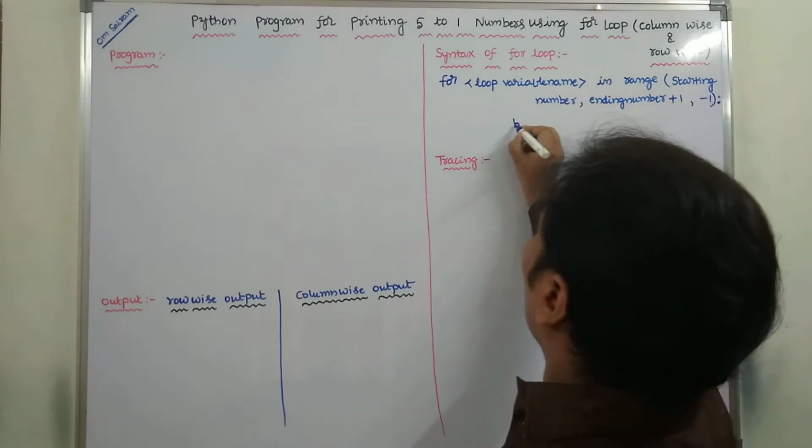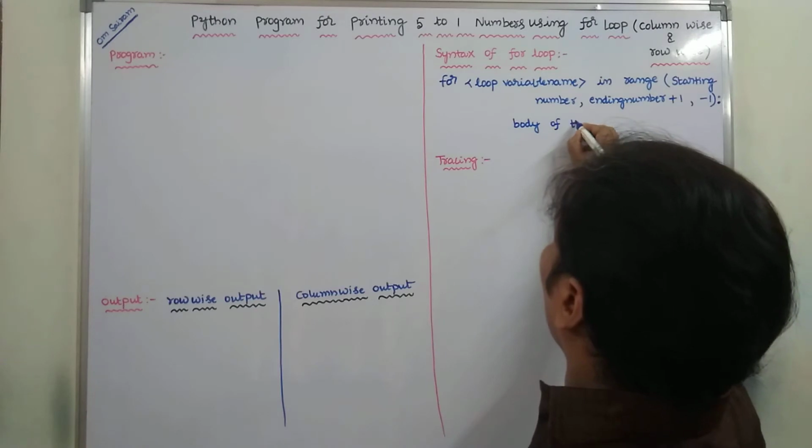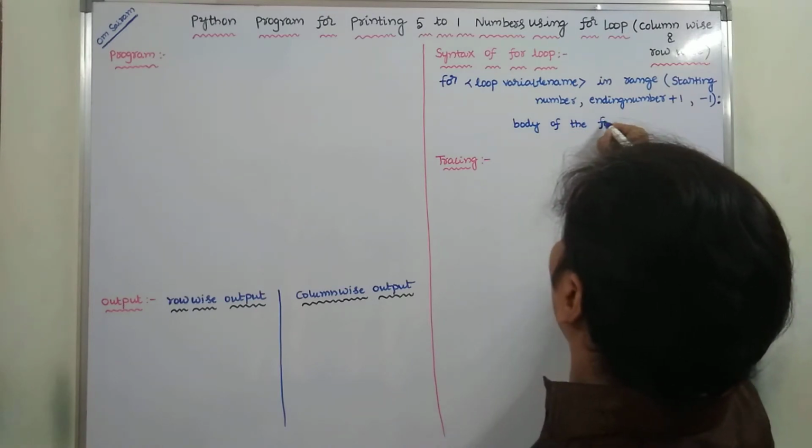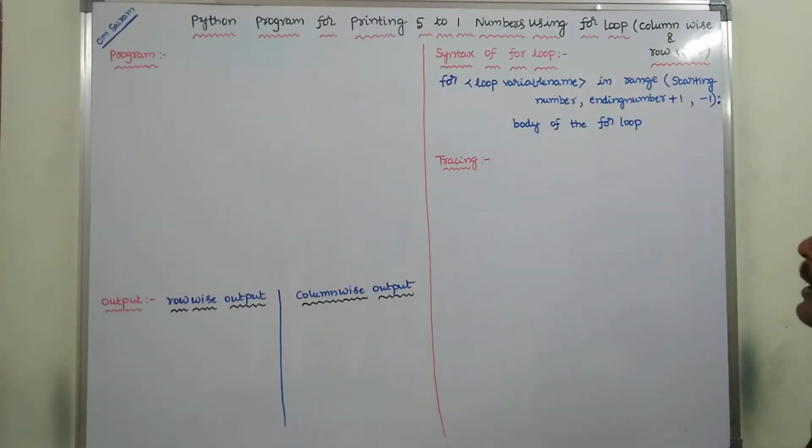Next, body of the for loop. So this is the syntax of the for loop.